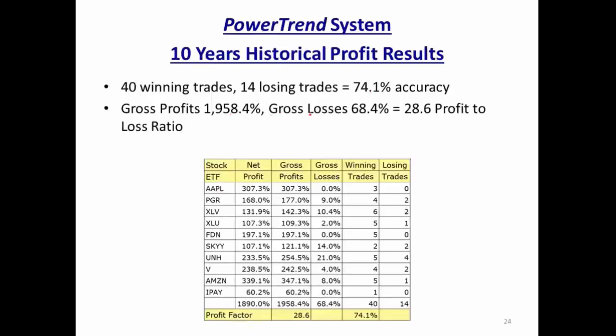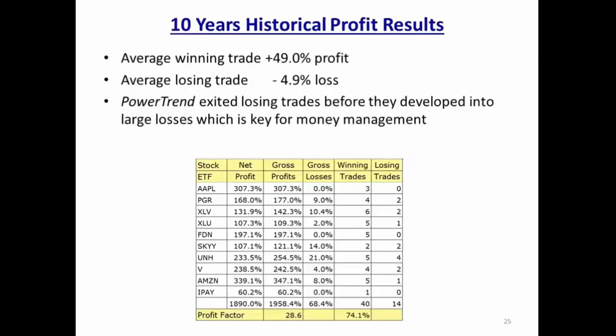Gross losses were 68%, so we had a 28-to-1 profit to loss ratio. So we had $28 of profit for each $1 of loss. So that's a very low risk way to trade stocks and ETFs.